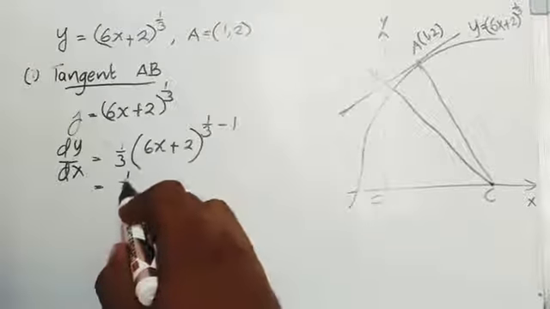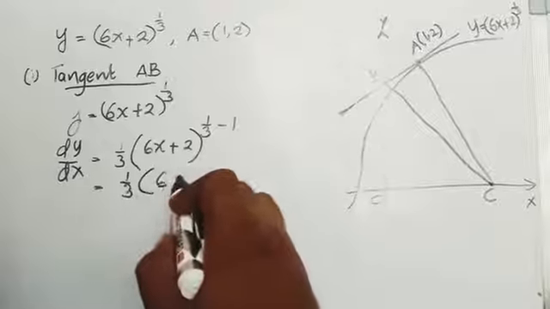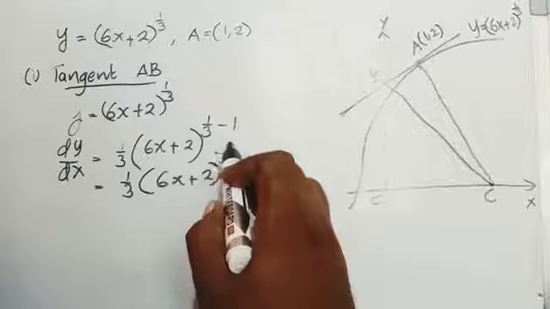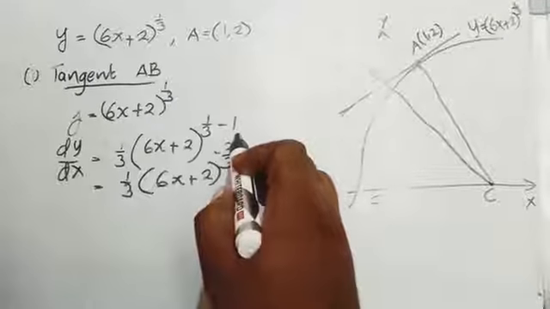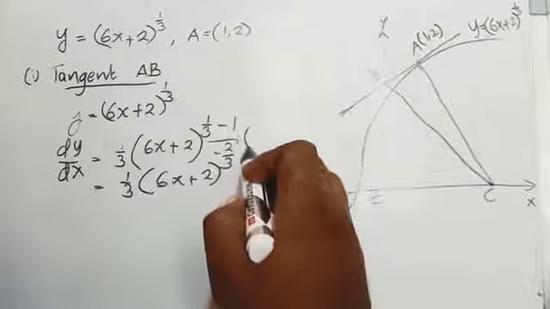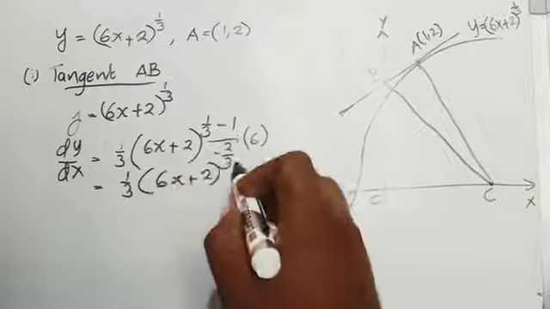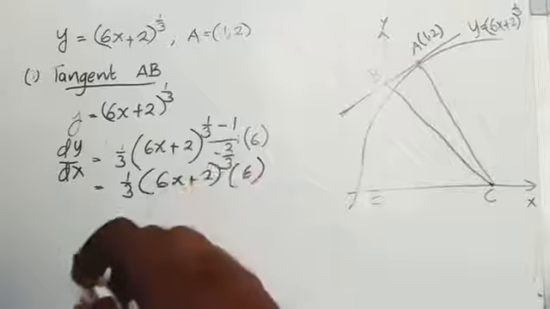That is 1 by 3 (6x plus 2) raised to minus 2 by 3, and that should be multiplied with 6 because of internal differentiation.